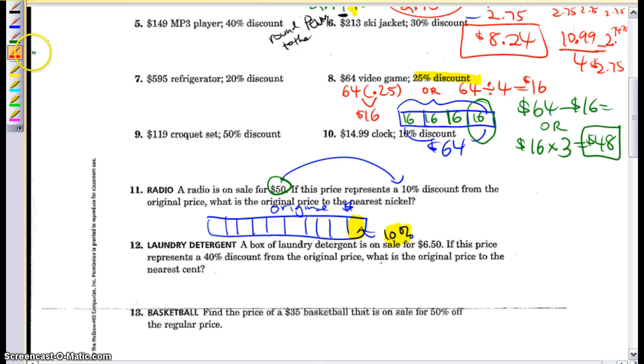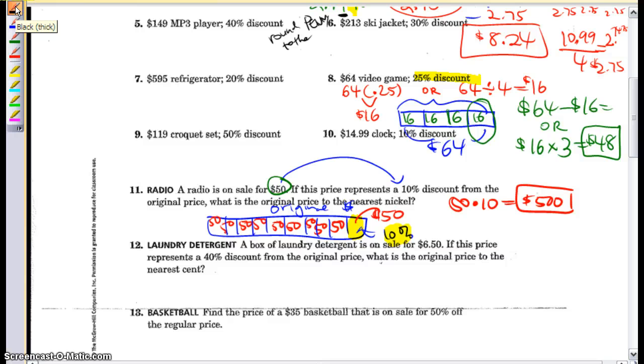Now, I know that this piece also represents $50. So if each piece was $50, then how much was this radio originally priced? Well, it would be 50 times 10, which makes the radio $500. Wow, that's expensive. That would be using the bar method.